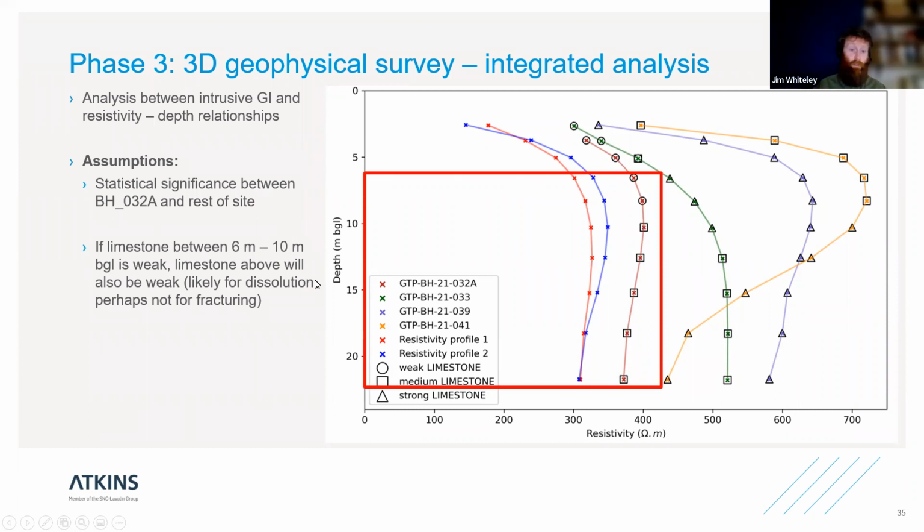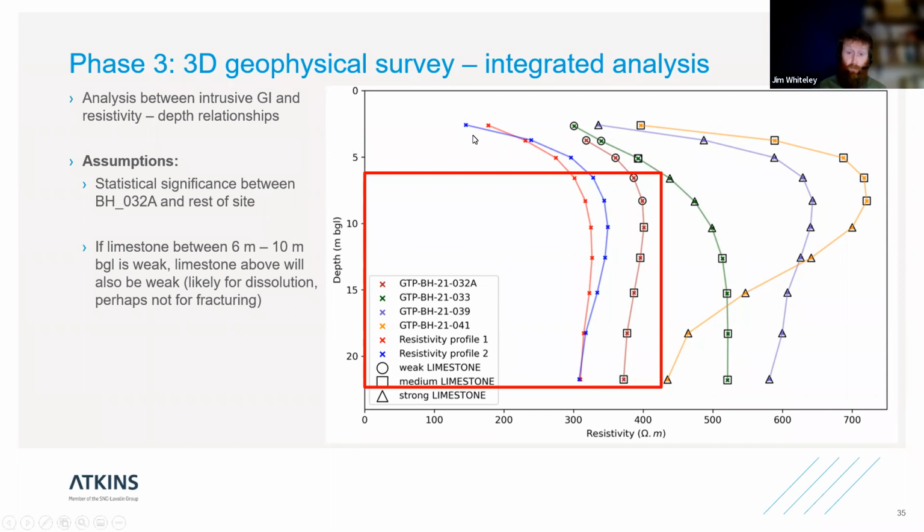And again, because we're using this assumption that the limestone above will be weak, we can also extend that to depth as well. So effectively saying anything that has got low resistivity values at depth is a risk of having some sort of change in its structure or nature, which may be associated with dissolutioning, perhaps increased fracturing, something which is increasing the amount of clay content in the ground there.